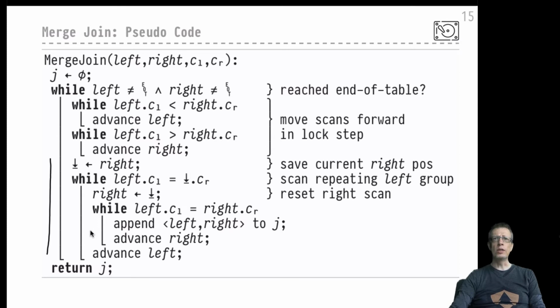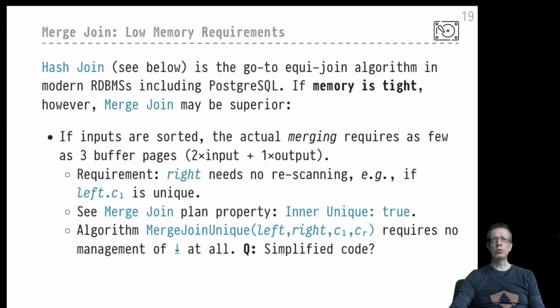And well, if the left input is unique and there just is no rescanning, well, we should be able to simplify the pseudocode for the merge join algorithm. And I would like to invite you to think about the simplified code, to think about the pseudocode that you would write for the merge join unique variant of merge join, where we can assume that there are no repeating groups in the left-hand side input.